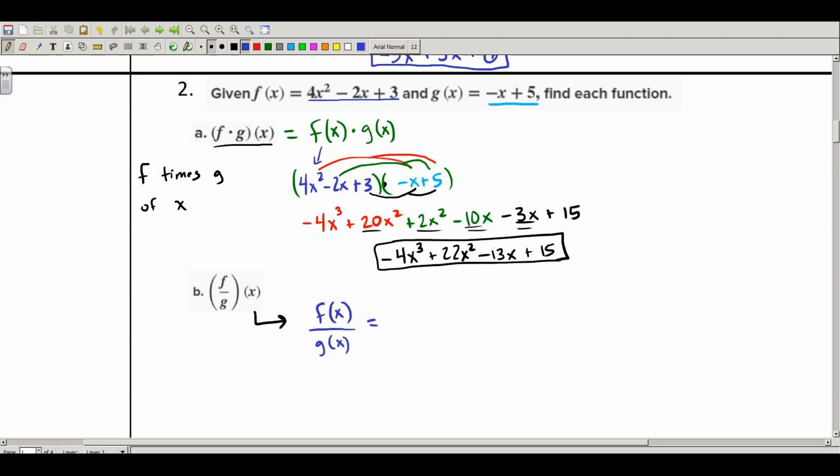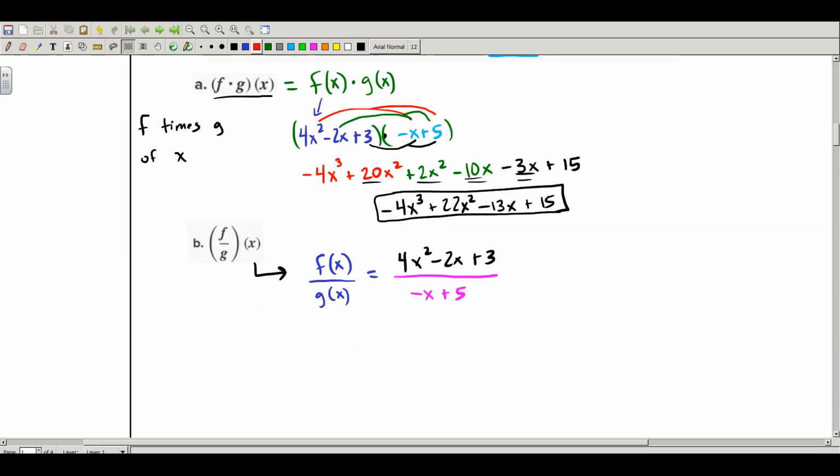And so what we're doing here is we're going to take the 4x squared function and then divide it by the other one. So we're going to say this is 4x squared minus 2x plus 3, and we'll divide that by negative x plus 5. And that is it. So we're just going to leave this like this right here.